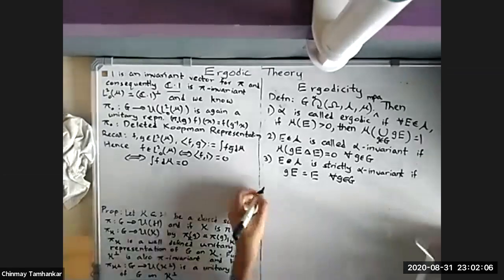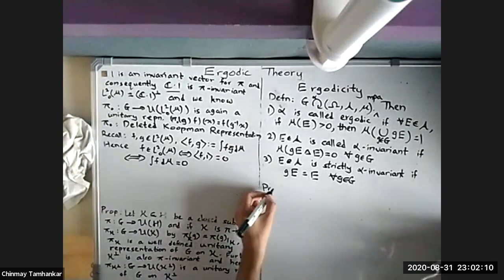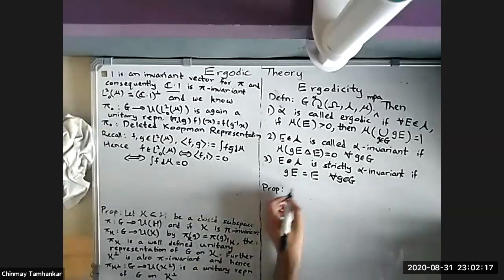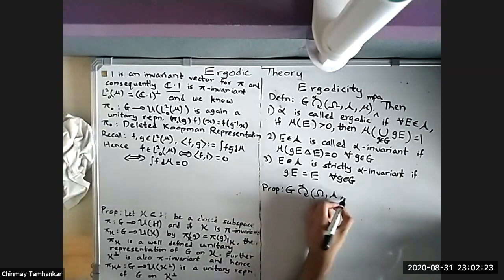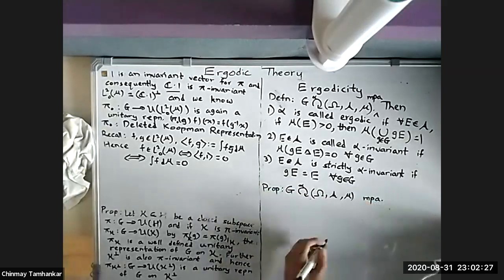The last thing I did in the previous lecture was state a proposition giving equivalent conditions for ergodicity. I'll state that again. Alpha is a measure preserving action.